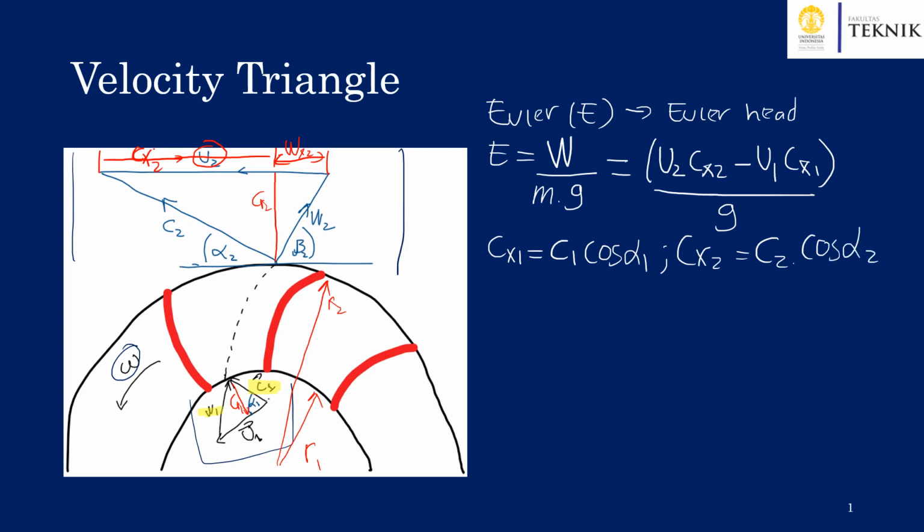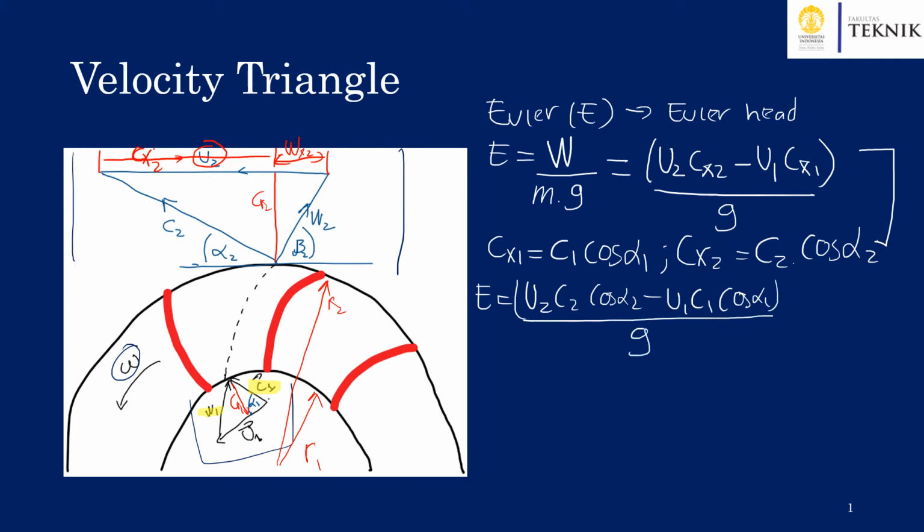Then combining these two equations, we get the Euler head as u2 multiplied with c2 cos alpha 2 minus u1 c1 cos alpha 1, divided by gravity.